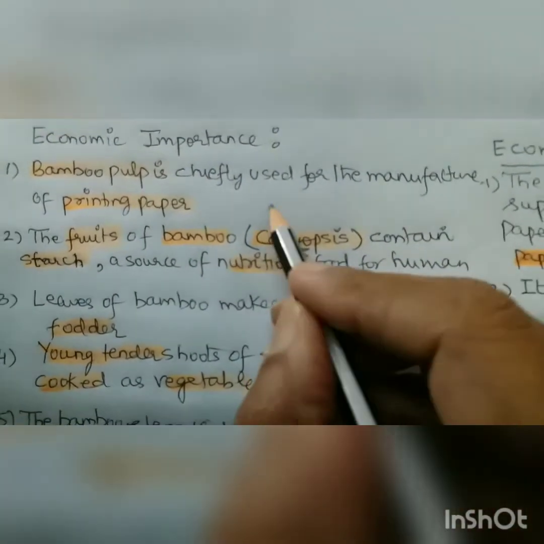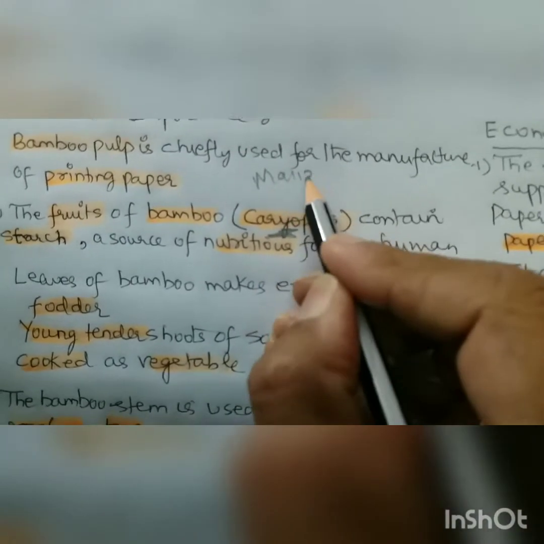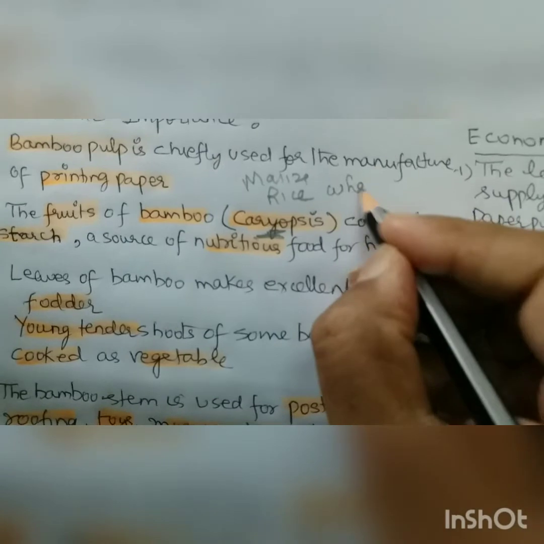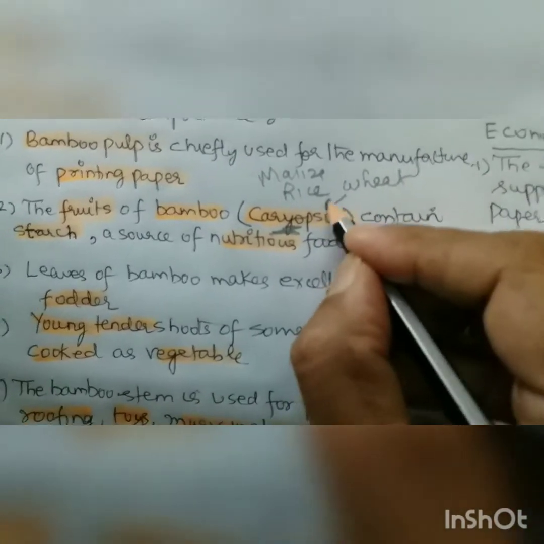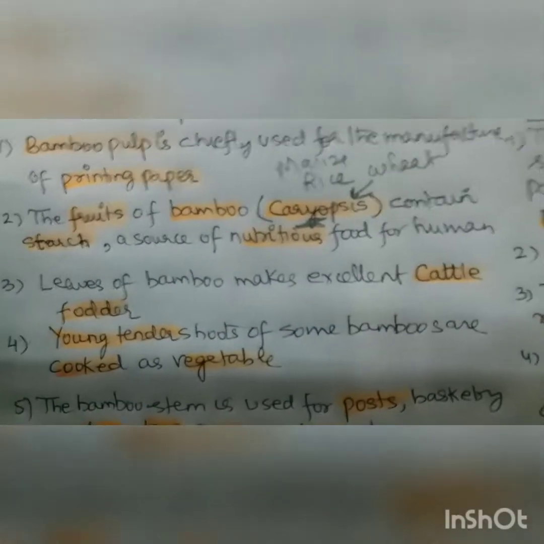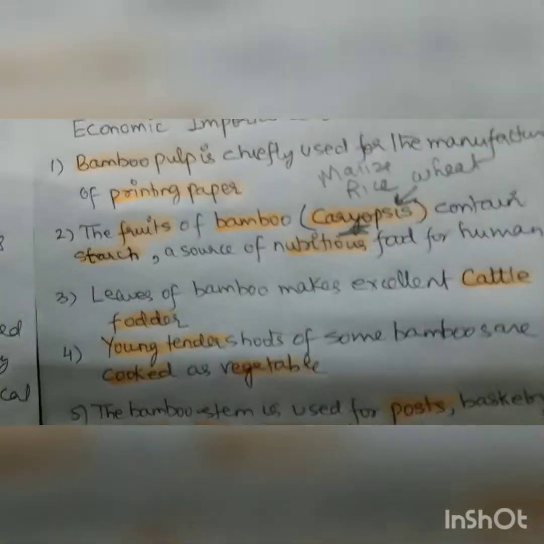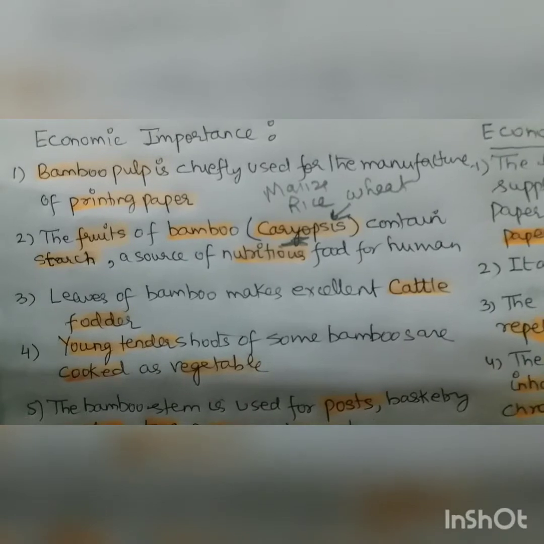Whether it is bamboo, maize, rice, or wheat, they all belong to Gramineae, and the fruit is caryopsis. It is a single-seeded indehiscent fruit. The question comes a lot of times, which contains starch, a source of nutritious food for humans.